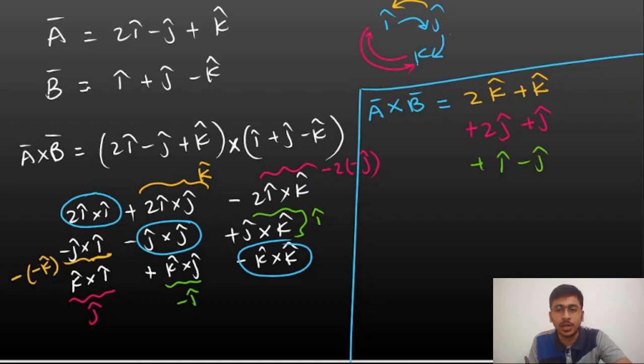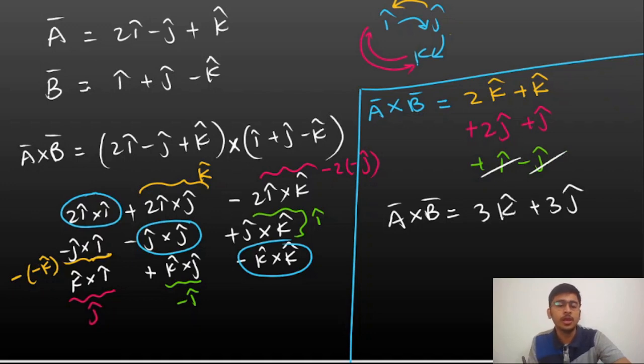Add them all together and A cross B is nothing but, I'll cut them and write down 3k cap plus 3j cap. So this method is quite complicated. I don't think anyone uses this.